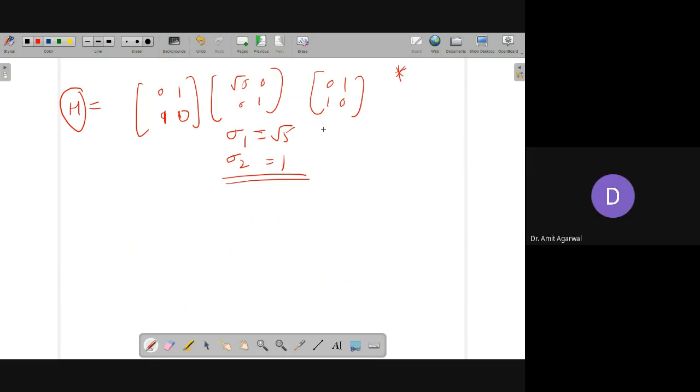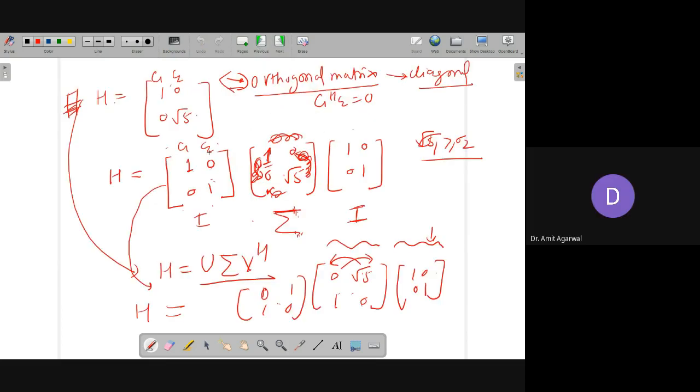Because I told you that this type of decomposition is satisfying every property of SVD, but the only problem is the order, that root 5 should be here, because the property of SVD is we always arrange these singular values in decreasing order. So in order to take root 5 here, what can we do? We have to do some row operations and column operations, right?